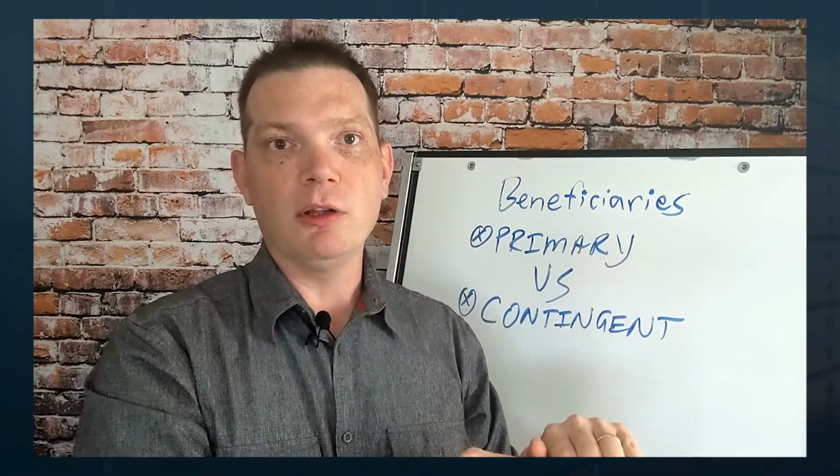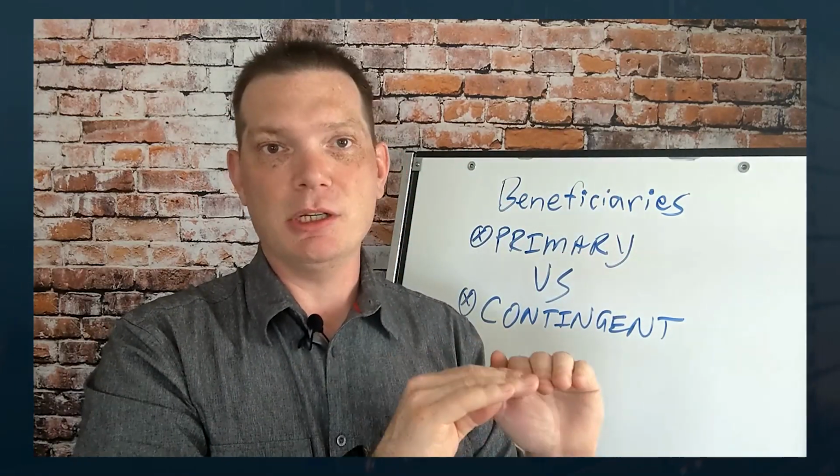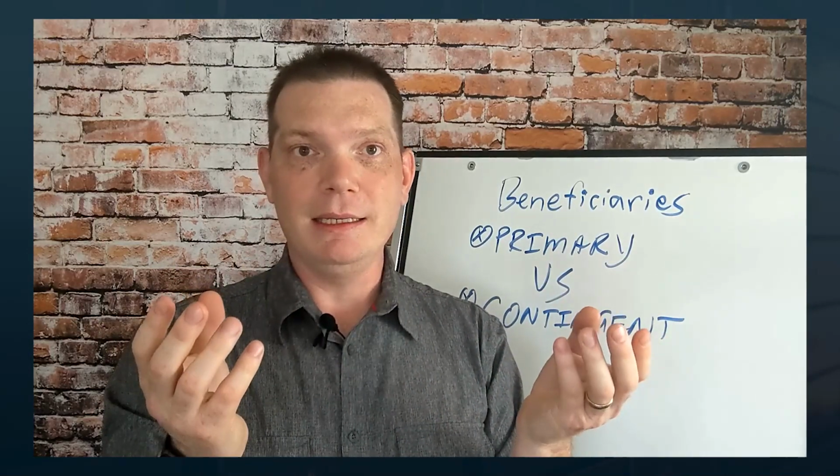So if you have multiple primary people, all of those primary people need to be extinguished, or need to predecease you in some way, before anything will fall down to who's listed as a contingent beneficiary. That's where often a lot of the confusion comes in, between primary versus contingent. All primaries listed need to no longer be available before a contingent beneficiary will receive anything. So that's a really important key point to understand.